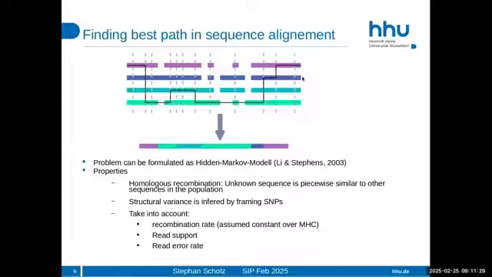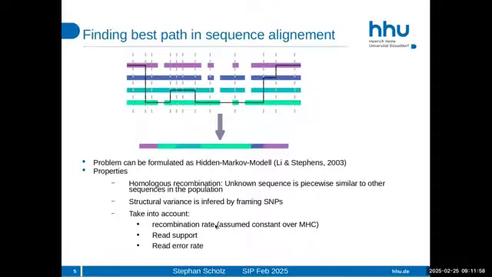This model lends itself to be modeled as a hidden Markov model. This was done in 2003 by Li and Stephens. And it has the following properties: because it always copies segments, this is close to nature, as recombination in nature also happens segment-wise. As I said, the structural variant is inferred from flanking SNPs, and this model will take into account the recombination rate.